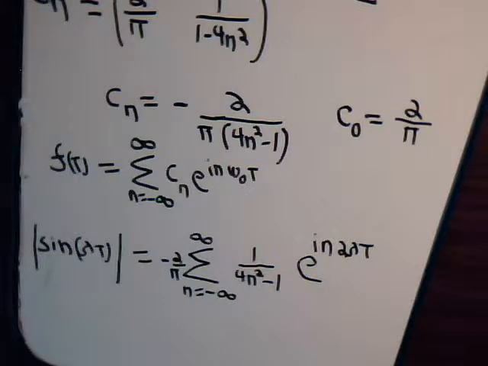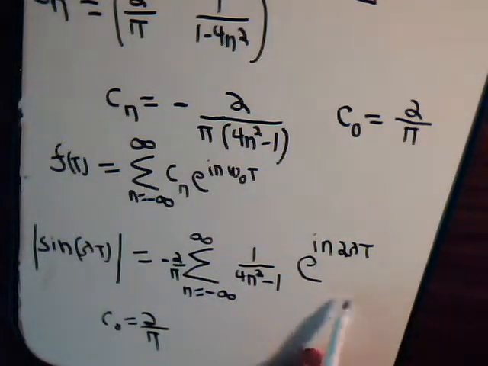So finally, there's our expression. Notice that if n is equal to 0, then we just have negative 1 here times minus 2 over pi. It becomes plus 2 over pi. And e to the 0, that's 1. So we have C of 0 equals 2 over pi, which agrees with this up here. So we can combine all this into a single expression, and there it is.